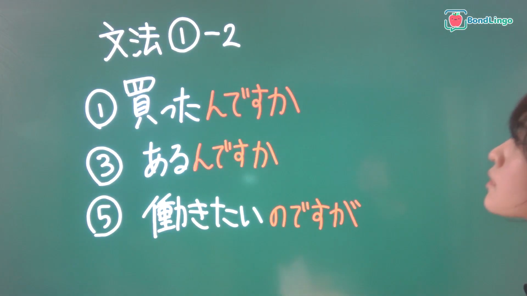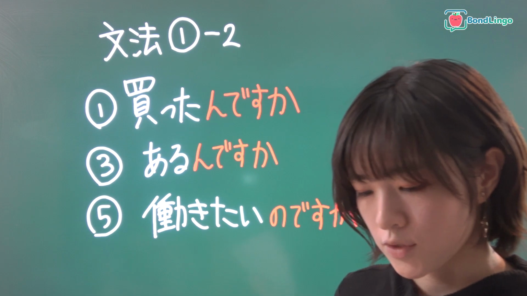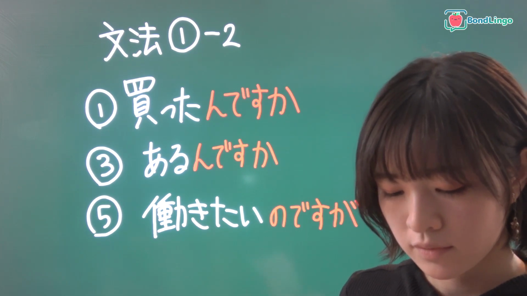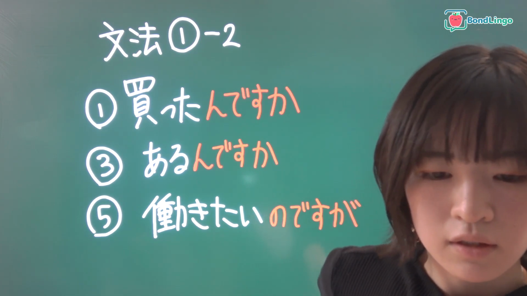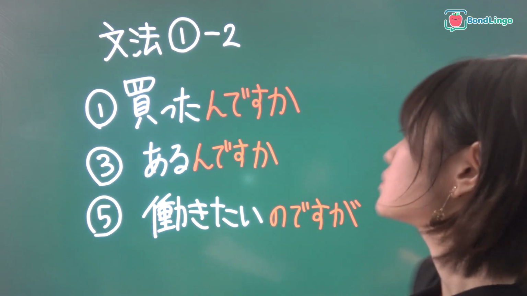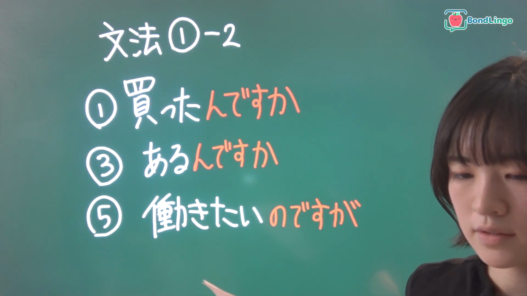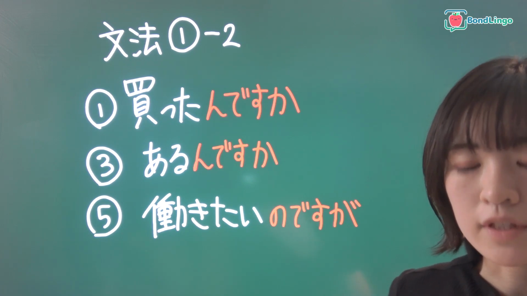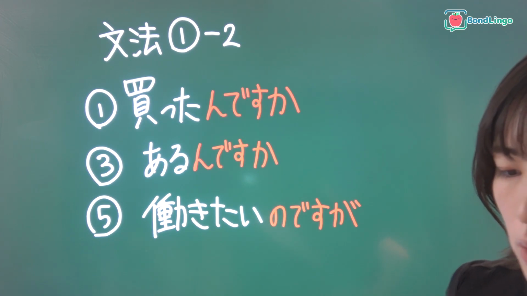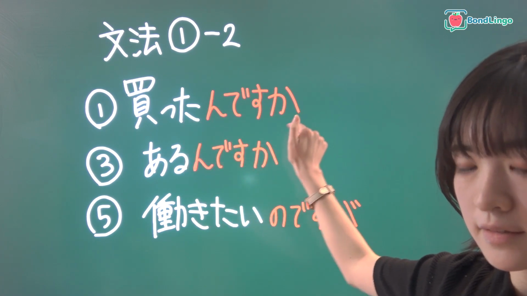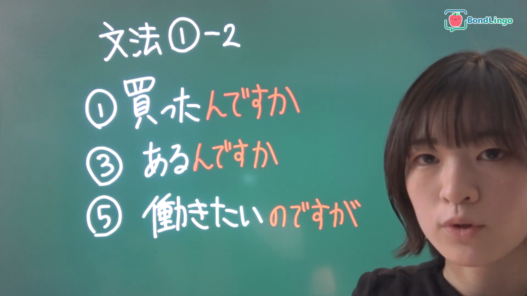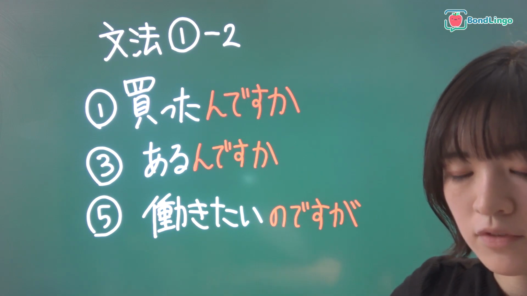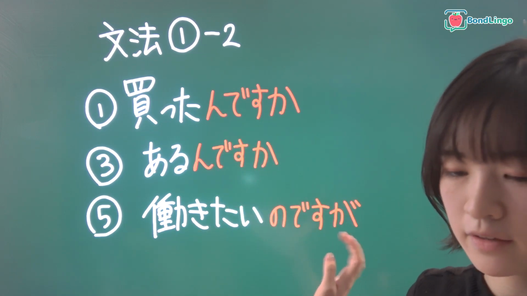Okay. Now let's go to grammar 1, 2. 文法1の2. Please go to the next page, and let's read some sentences. First one. 便利なファイルですね。どこで買ったんですか？私も欲しいです。So that's a convenient plastic file.